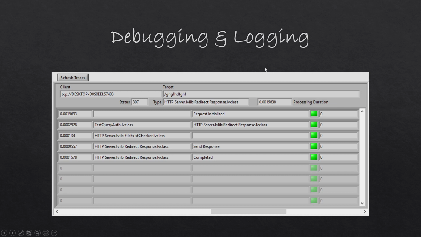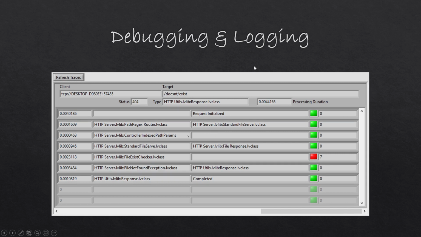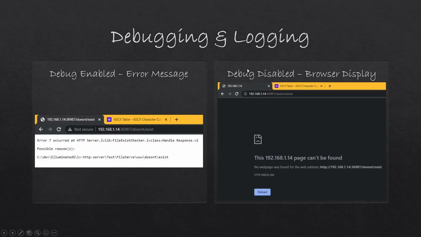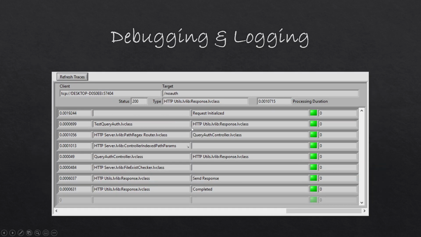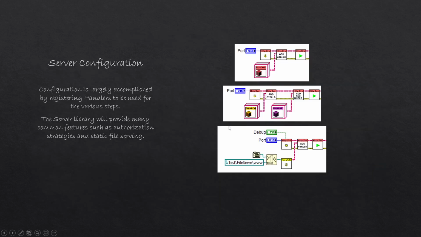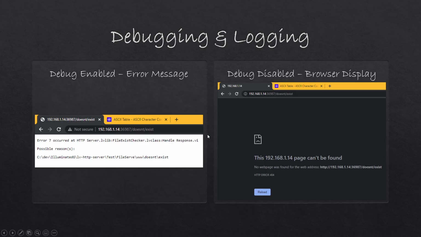So we looked at the tracing and logs. Won't look at these again. The difference of that debugging flag: if I go back a couple of slides, we've got this debug flag that is available when you're initializing the server instance. And the difference that we demonstrated was if debugging is enabled, this is useful for debugging in a development environment.